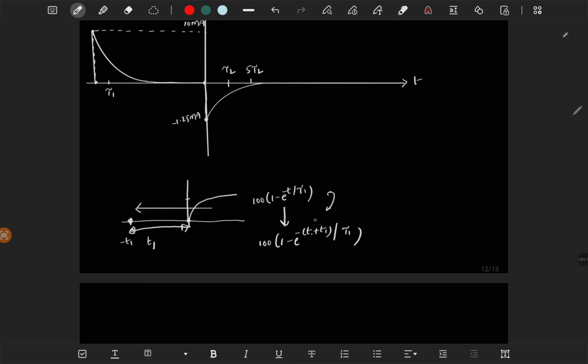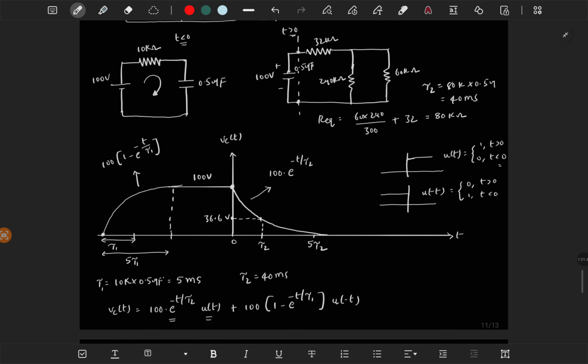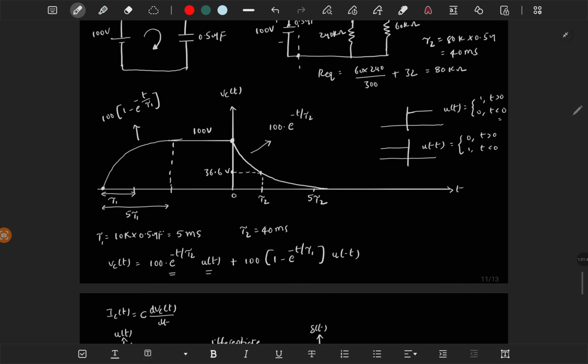So these two are the same when you substitute t equal to minus t1. So this is the correct expression, I feel. This is u of t, and similarly you have to write u of t plus t1. That is not the time reversal, that is the left shift.